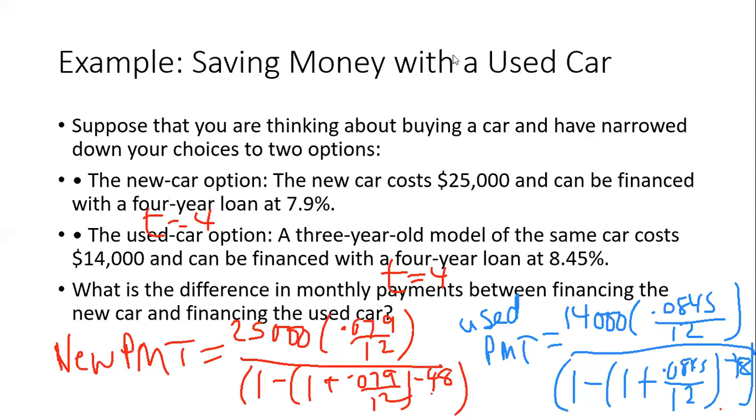Before we do that, we can just quickly compare the formulas and what's happening. On the new payment side, the 25,000 is larger and it's multiplying. So that'll get us a larger payment for the new, but the rate is larger on the used car.